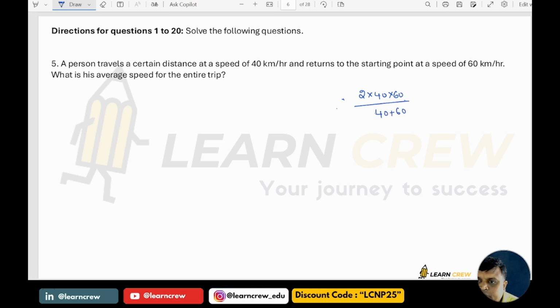So how much are you going to get here? 40 plus 60 is 100, 2 zeros cancel, 2 4s are 8, 8 6s are 48. So 48 kilometers per hour will be the average speed.